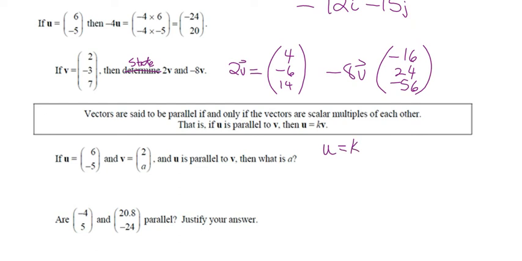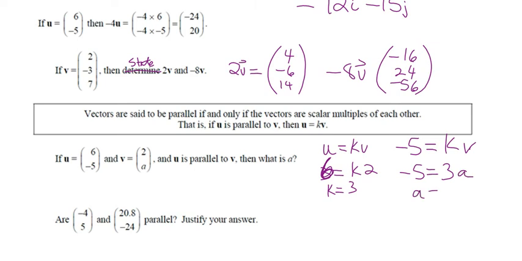Negative 5 divided by 2 is negative 5 over 3. See, I was right.